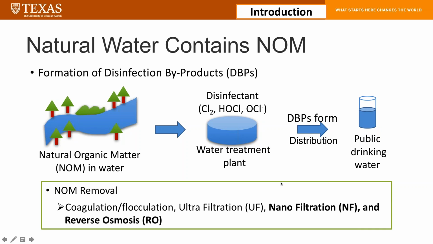But in my research, I focus on natural organic matter removal, and to remove the natural organic matter, we can use coagulation flocculation, ultrafiltration, nanofiltration, and reverse osmosis. Among these processes, nanofiltration and reverse osmosis show effectiveness in removing the natural organic matter.